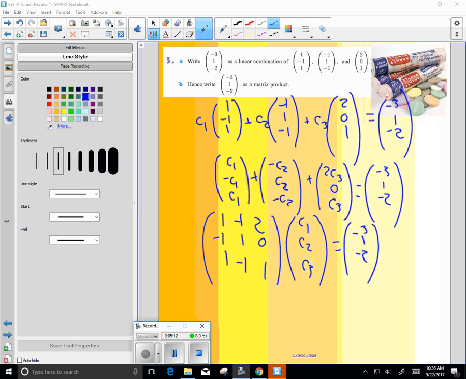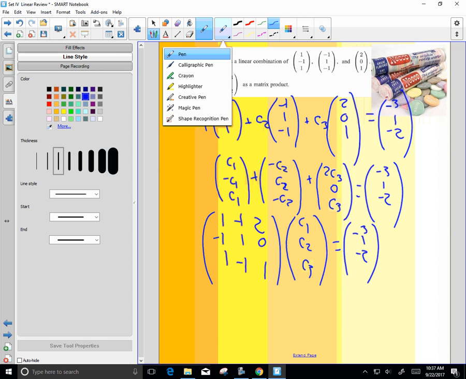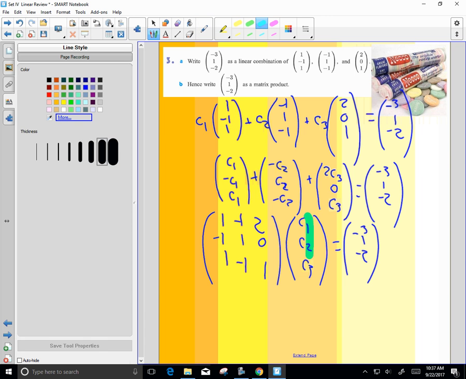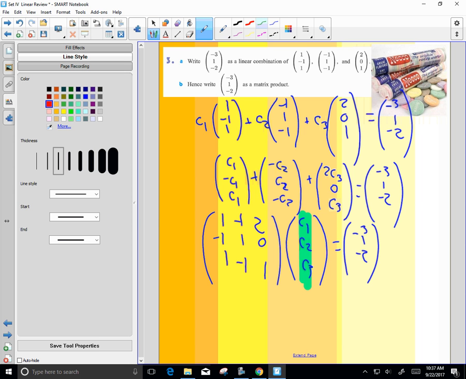I'm not going to do these in between steps, but could you see me putting these all together and then factoring out the C1, C2, C3? I mean, why do that extra, right? So how are you going to solve for this then? Yeah, you're going to do the inverse.